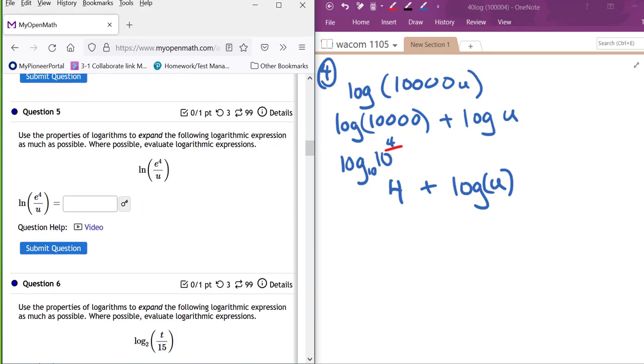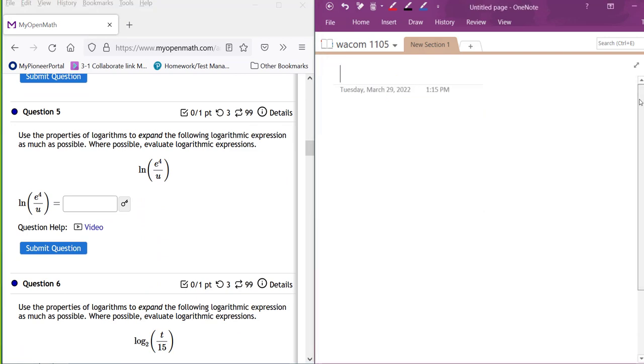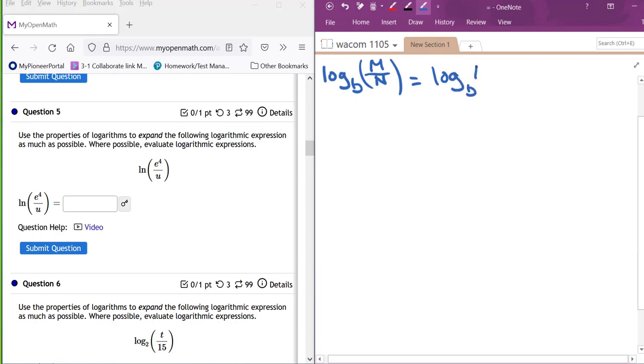All right, question 5. We go to the next property to expand with. And this is if you have a quotient. So let's rewrite it. If we're going to do the log of a quotient, then we're going to subtract the logs. So we'll make separate logs and subtract them.